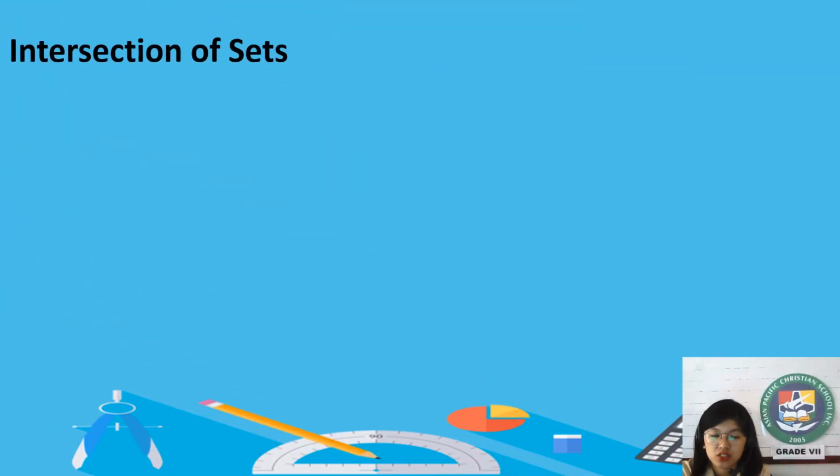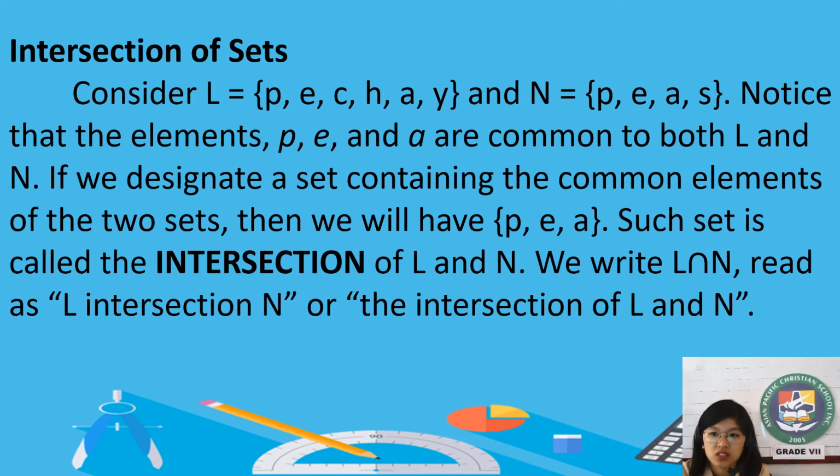Next, intersection of sets. Consider the set L equal to the elements P, E, C, H, A, and Y, and the set N equal to the elements P, E, A, and S. Notice that the elements P, E, and A are common to both L and N. If we designate a set containing the common elements of the two sets, then we will have P, E, A. Such a set is called the intersection of L and N. These are the elements that look alike in both sets.